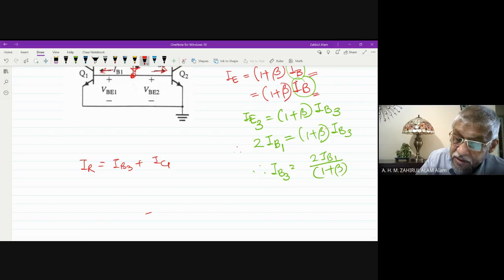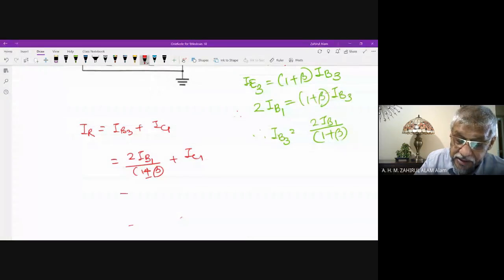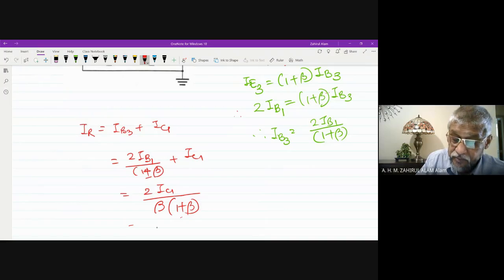Now substitute IB3 equal to IB1 divided by 1 plus beta, plus IC1. So it is equal to 2 IC1 divided by beta, 1 plus beta, plus IC1.